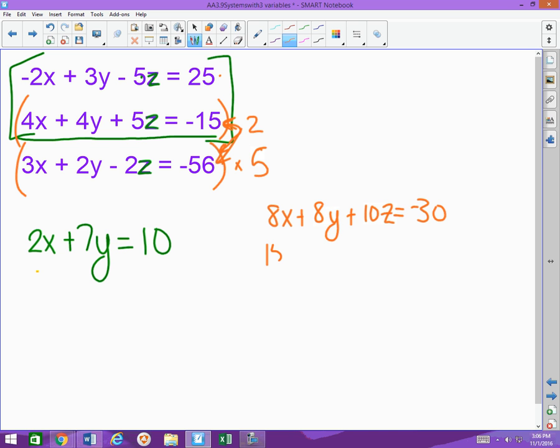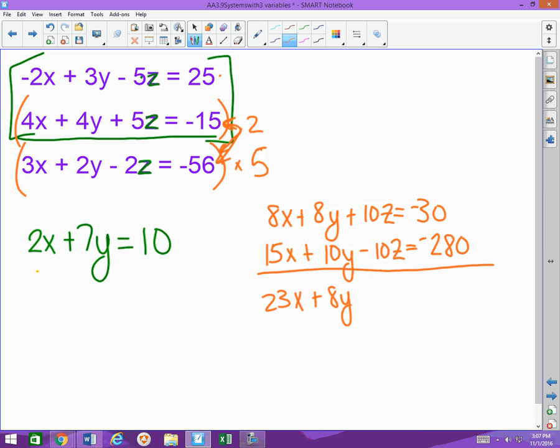And here we would have 15x plus 10y minus 10z equals a negative 280. Combine those, and now you have 23x plus 80y equals a negative 310.